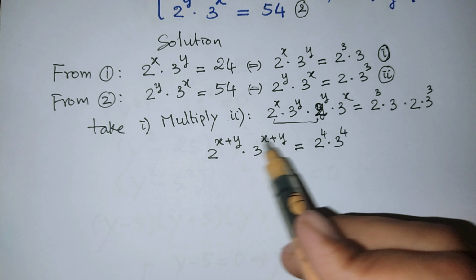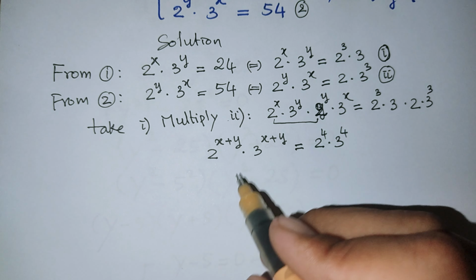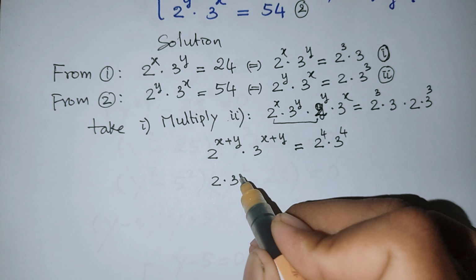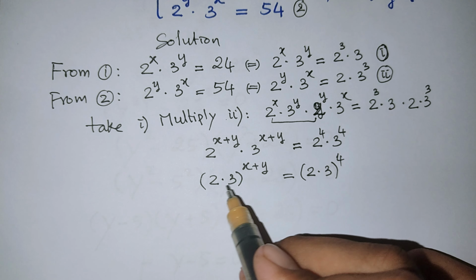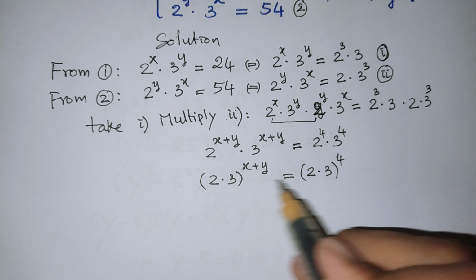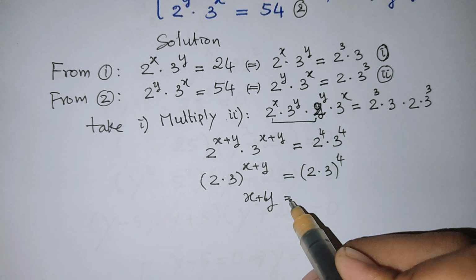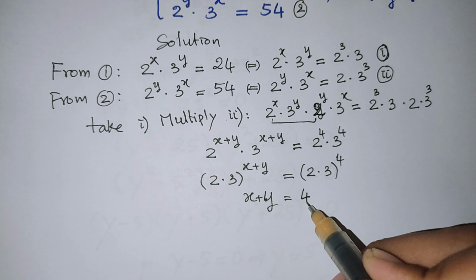Now, with the same exponent, we can write 2 times 3 whole to the power x plus y equals 2 times 3 whole to the power 4. So we have the same base, and we get x plus y equals 4.